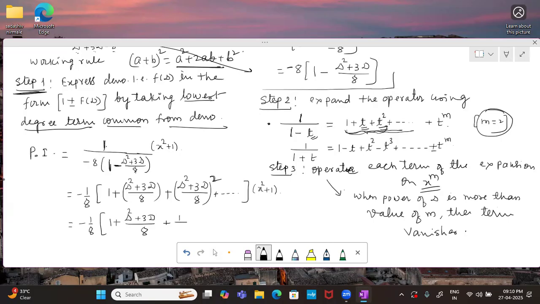And before that, write 8 whole square. That is, what is 8 square? 64. And then use this formula here. D square square plus 2 into d square into 3d and plus 3d square. Bracket close, plus on, and outside there is x.